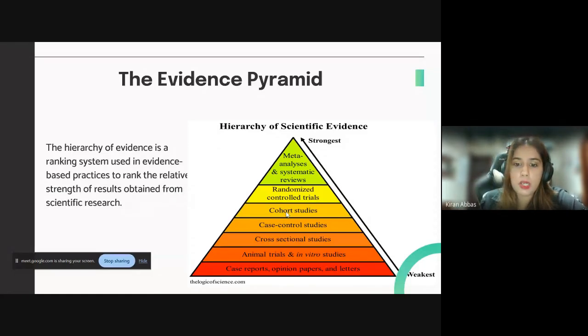They cannot be generalized. If there's one case report on a certain topic and it's beautifully written, it's published in Lancet, it's still considered the weakest evidence because it's just one person. Same goes with the opinion papers, same goes with the letters.